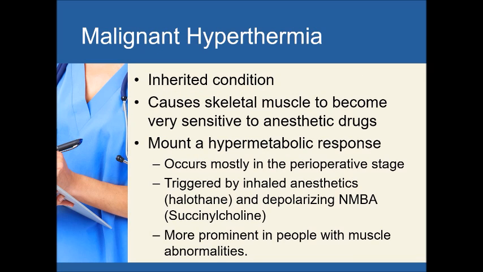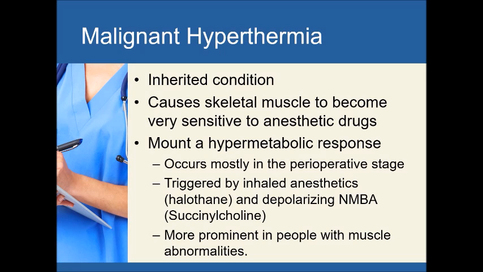Last but not least, malignant hyperthermia. This is an inherited condition. It causes skeletal muscles to become very sensitive to anesthetic drugs, and the muscles stiffen up and become very tight and rigid. So it's a hypermetabolic response to a lot of anesthetics.